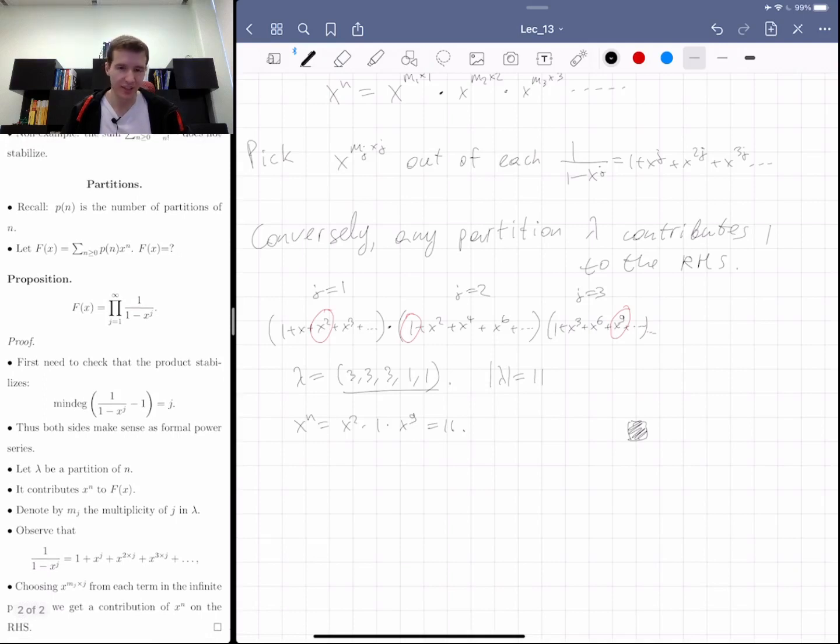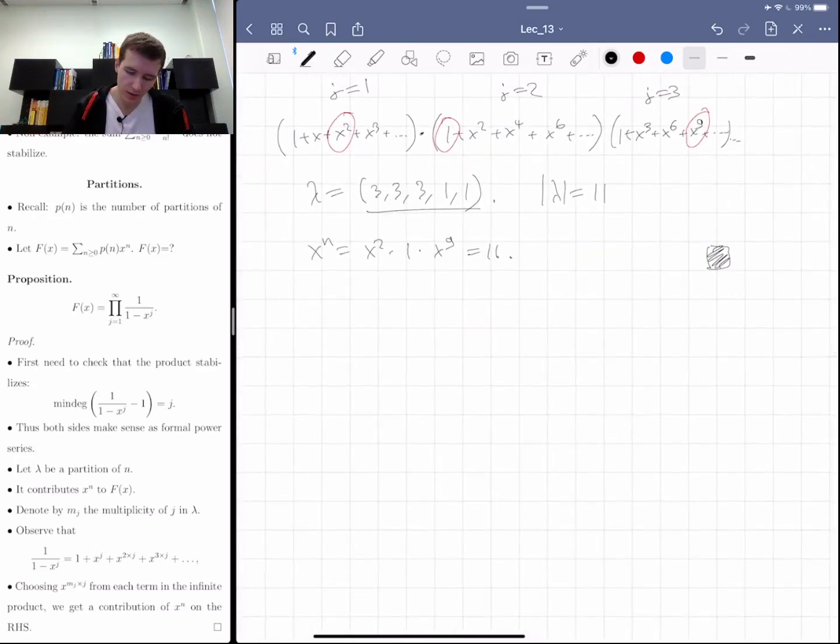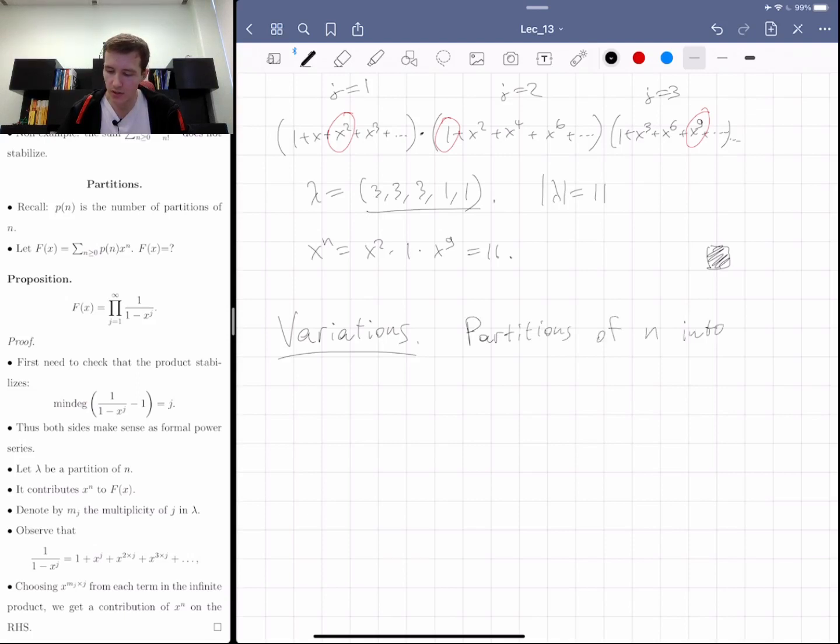Okay, I have 3 minutes left. Next time I'm going to discuss some variations of this approach. For example, at some point there's going to be a homework problem like this, which asks you to find partitions of n into parts of sizes 1, 2, and 5 only.